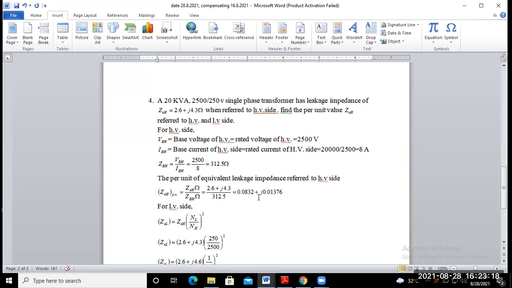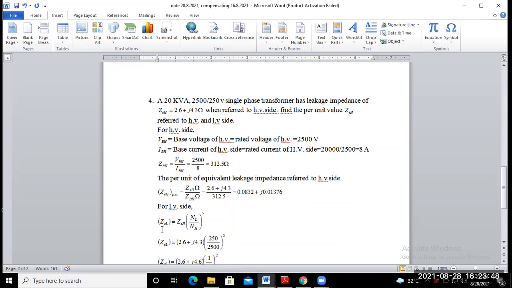Now, how can we solve for part B, that means the low voltage side? For part B, we consider ZEL. We already know how we can transfer impedance from the low voltage side to the high voltage side.